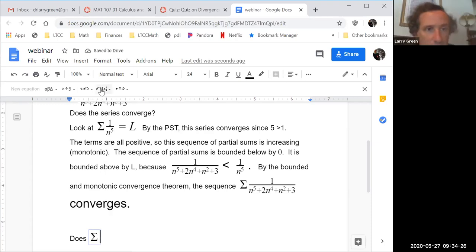So 1/n minus 0.5. Make it look prettier, 0.5. Ah, try that again.